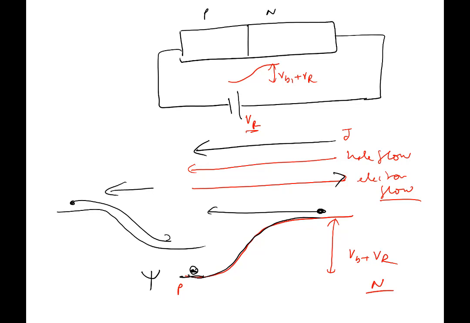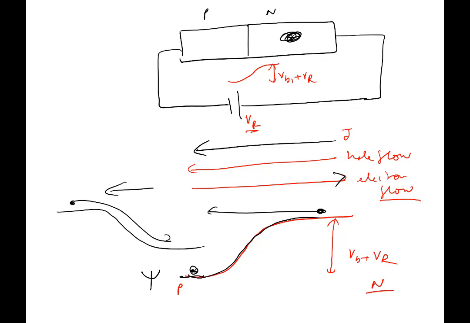So why is the current in reverse bias small? That's where I said your explanation is not entirely right, because in reverse bias, you are asking holes to flow from N to P, and the N region has very few holes.